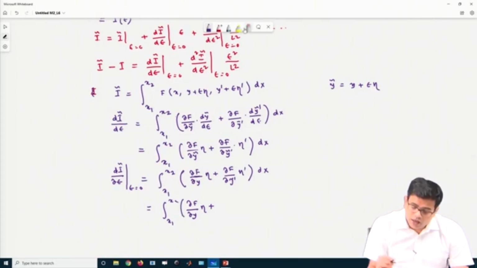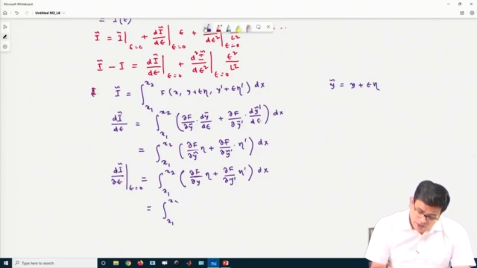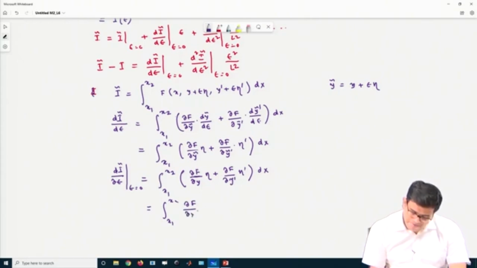So if I want to convert these things, let me write it in this way: del f by del y into eta plus, this quantity I can do separately by integration by parts, and then transfer the eta thing.